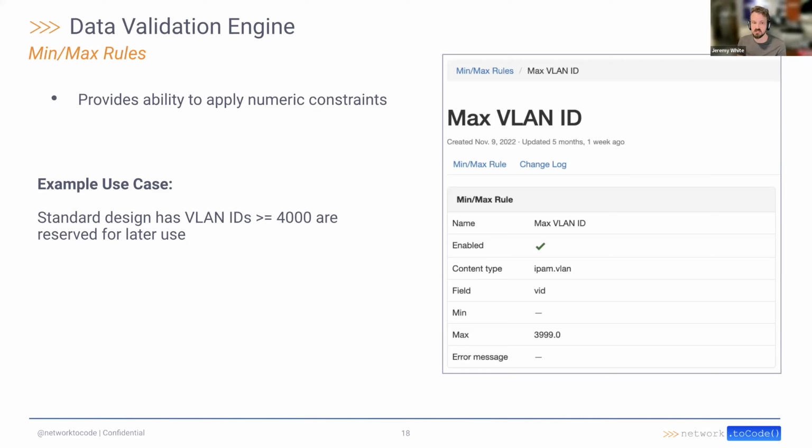So in the example that we can see here, we have a min-max rule that is applied to the IPAM VLAN content type with the field of VID, which is the VLAN ID. And we're not necessarily having to specify the minimum number for our VLAN ID because that's going to be inherently covered by the model, but we are going to be enforcing our maximum VLAN ID of 3999.